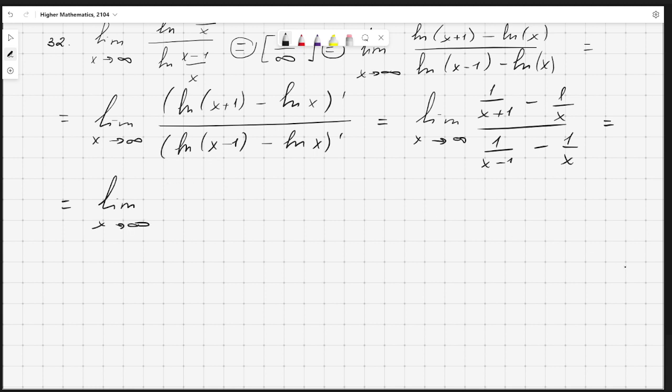We have x minus x plus 1 over x times x plus 1, over x minus 1 over x times x minus 1.